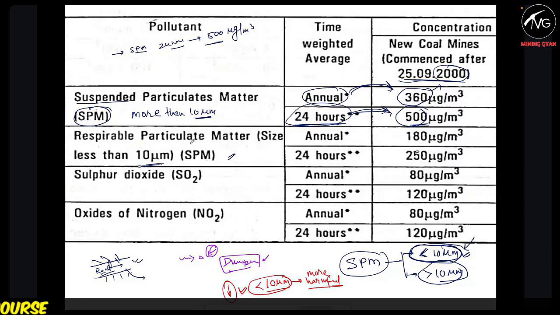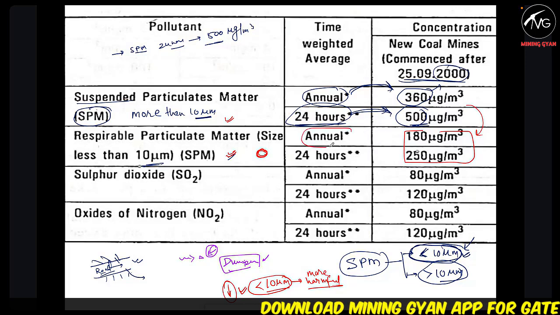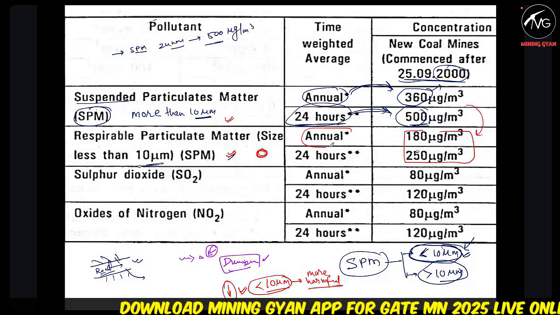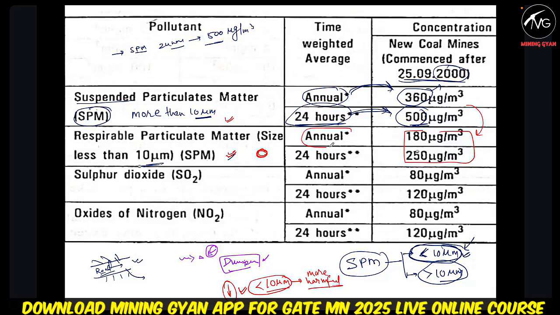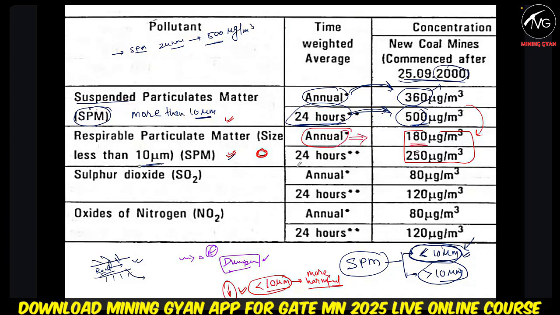So whenever the question comes on SPM for lesser than 10 micro, their concentration is lesser than the others. So you can remember: annually the concentration for lesser than 10 micro is 180 microgram, and the 24 hour limit is 250.